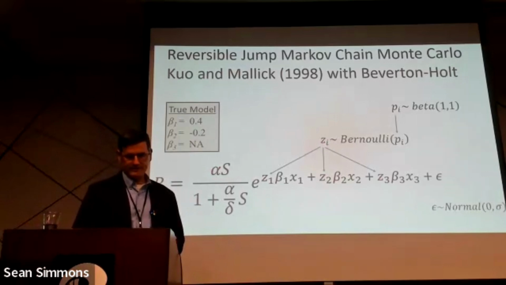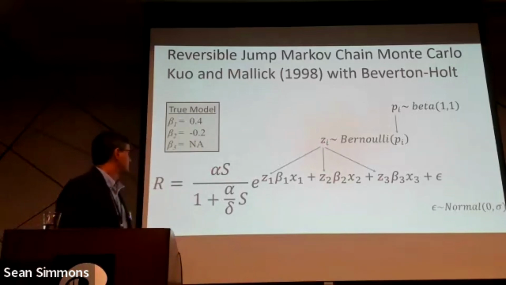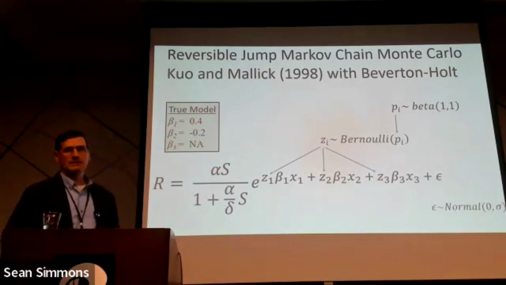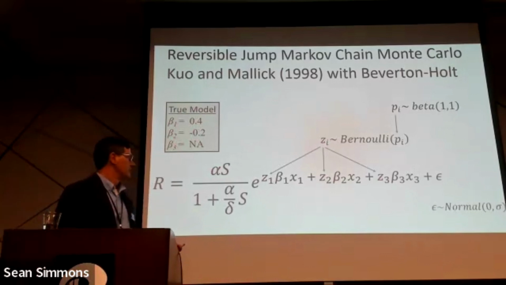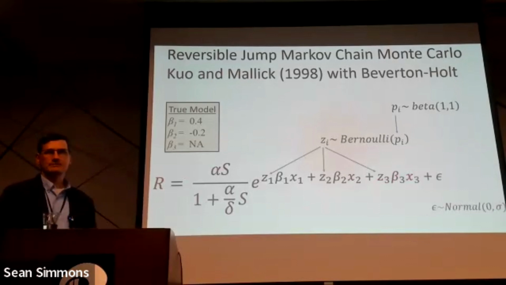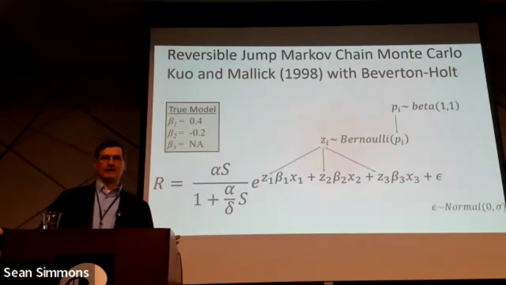I'm going to simulate some data in which the true values for beta 1 and beta 2 are given here, and beta 3 is not going to actually be used. So I'm going to generate a random number here, but when I create the actual data, I'm going to set this number to 0. So basically, I'm going to turn this whole thing off. So this is going to be like a fake variable again, right?